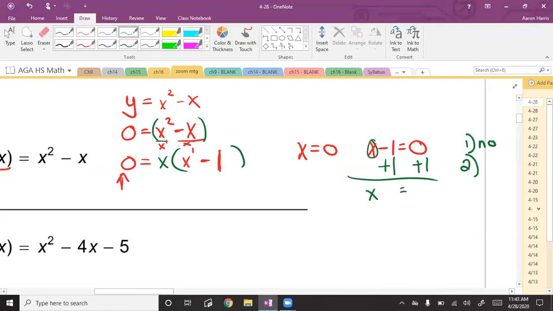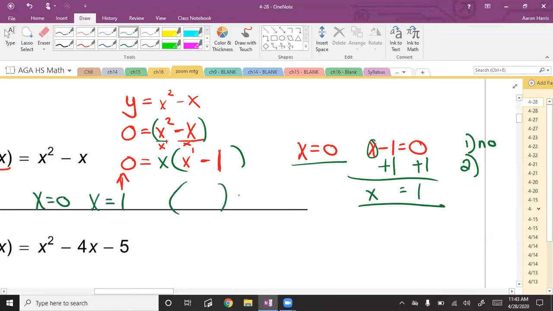Bring down your equal sign. What's 0 plus 1? 1. So X is equal to both 0 and 1. How many answers did you get? 2. Good. So the answers are X is equal to 0, X is equal to 1.